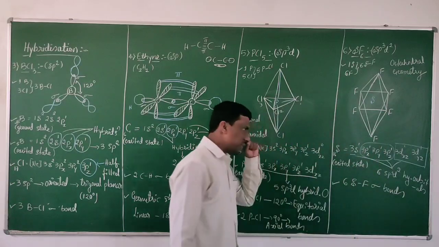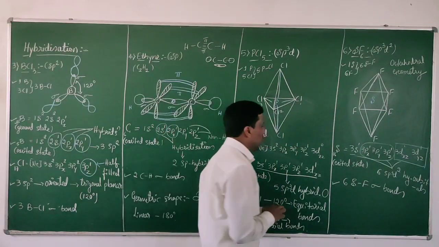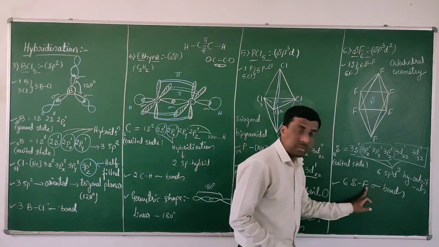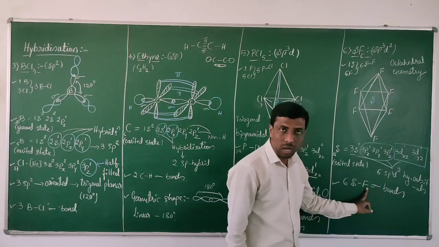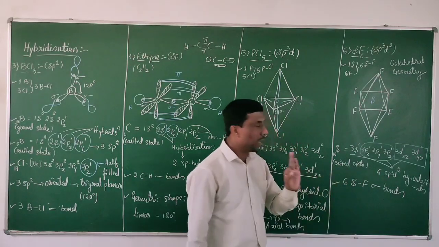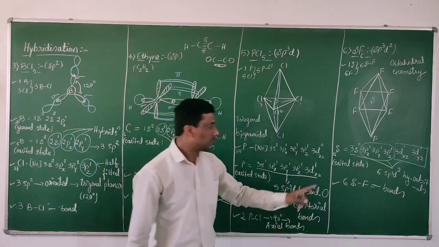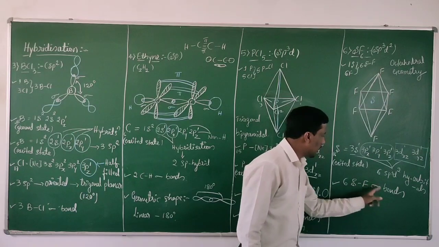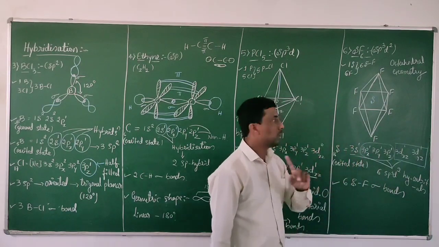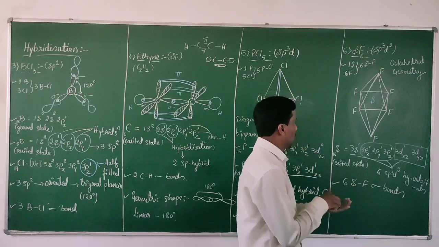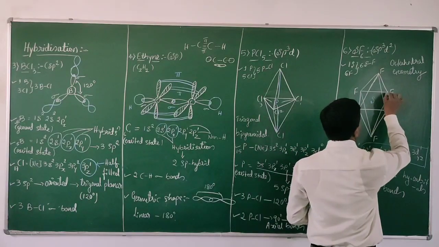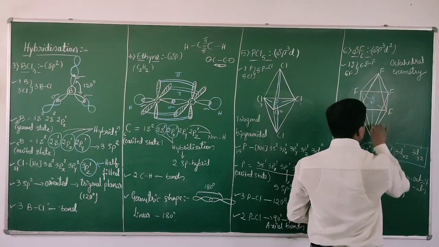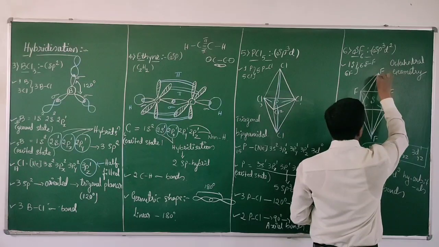These 6 SF sigma bonds are formed by the overlapping of 6 half-filled 2pz atomic orbitals with the 6 sp3d2 hybrid orbitals of sulfur. They have made 6 sulfur fluorine sigma bonds, and the geometry is octahedral. Here is one bond, second, third, fourth, fifth, and sixth bond.